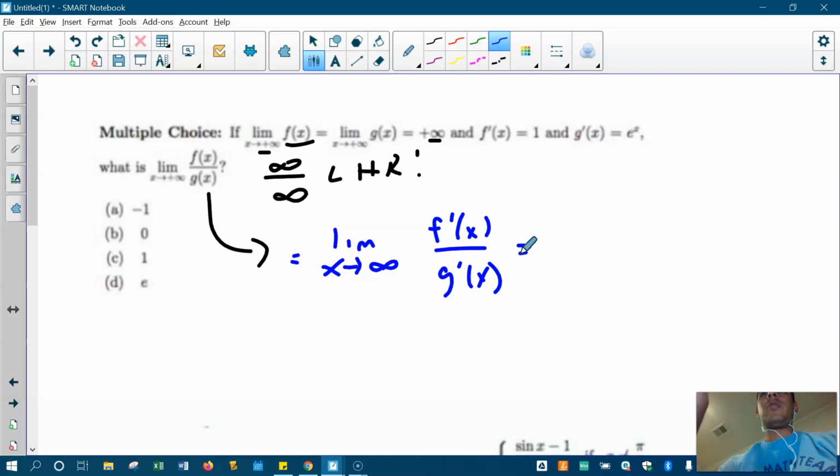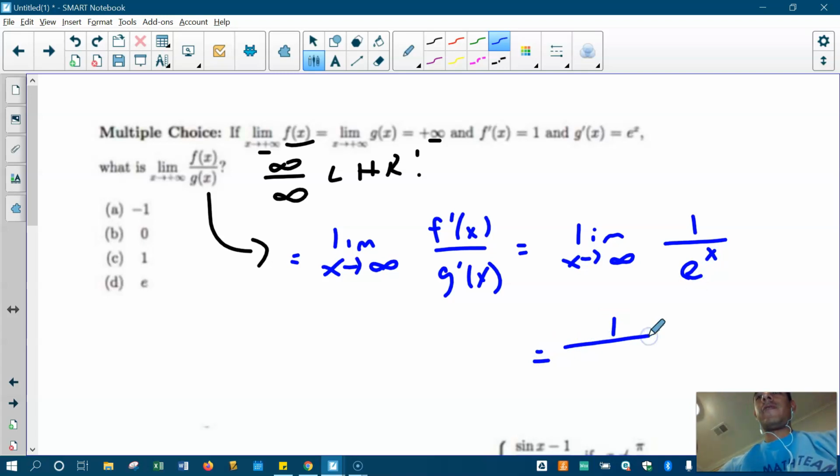So we have 1 over e to the x. So let's go and rewrite that. Limit as x approaches infinity of 1 over e to the x. Well, now let's see what happens. I'm going to have 1 divided by a large number. 1 divided by a really big number is equal to a very small number, like 0.